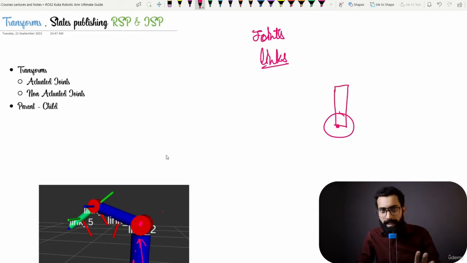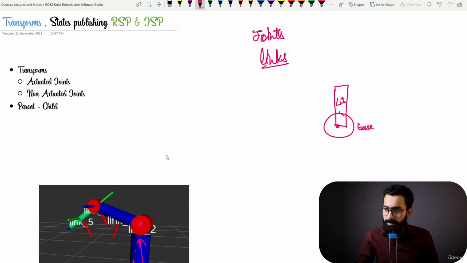Now this bar is a link, and the circular point, the first, is known as the base which we have created. But this is what we know. The simulation does not know that. So transforms are utilized to produce a structure within a robot. There is going to be a difference in XYZ from base to link number 1. This is link number 1, and that is going to be defined through a transform.